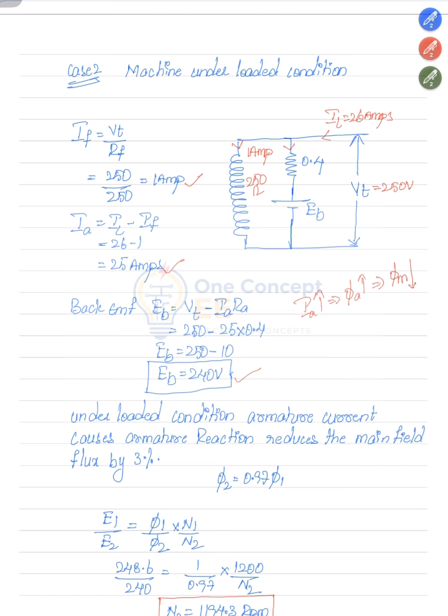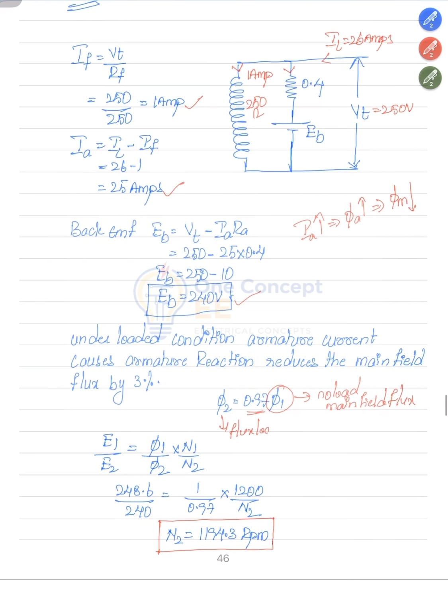Means from the no load case, this is the no load main field flux. This is the full load flux. It is reduced by a factor of 3%.